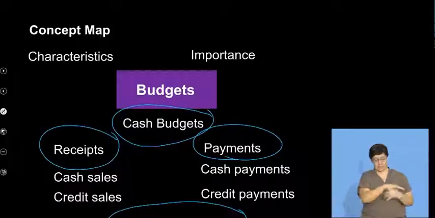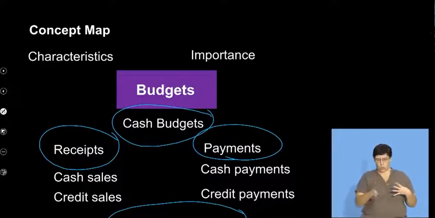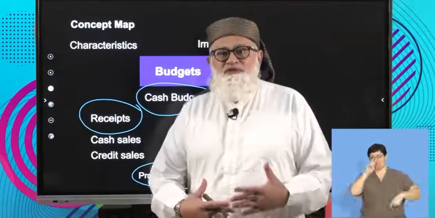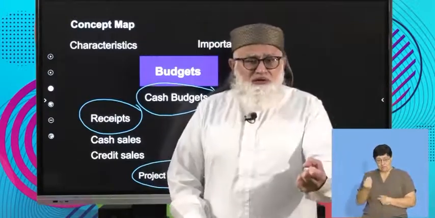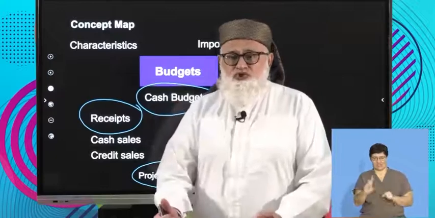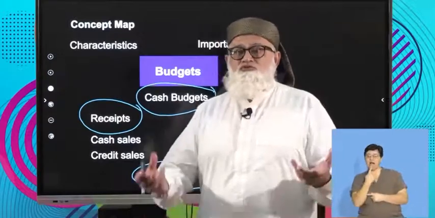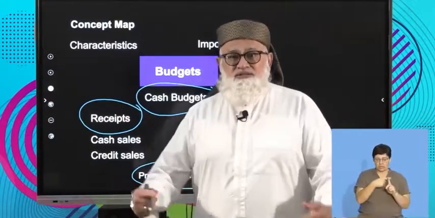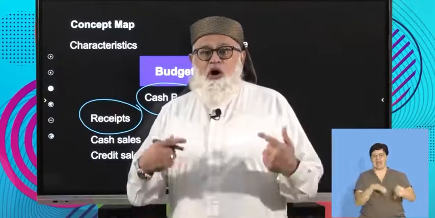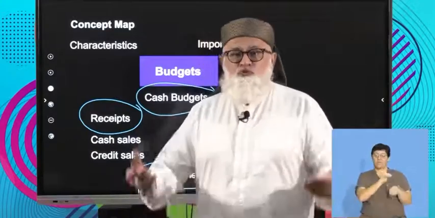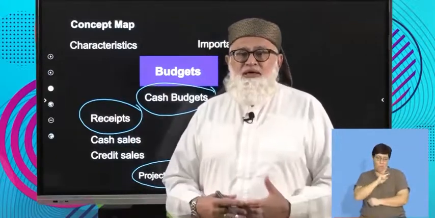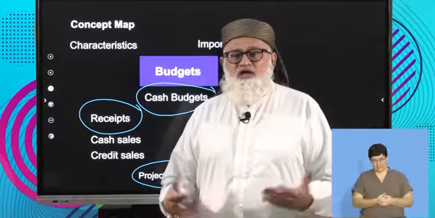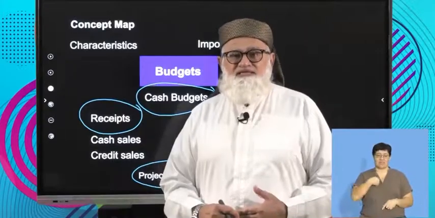We then went on and calculated certain missing figures in our cash budgets, and then we looked at variances. It means the differences between actual amounts and budgeted amounts. And more important, once we've calculated the variances, what actions will be taken to prevent cash flow problems and other challenges that may occur as a result of the variances that we have identified.